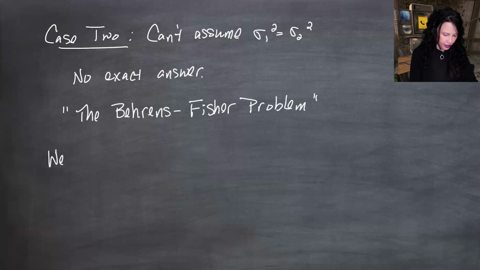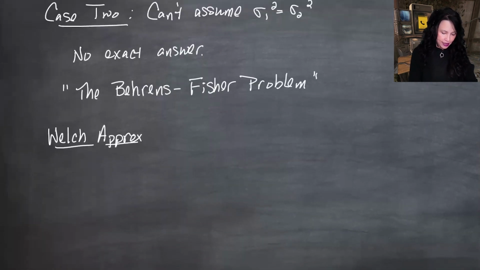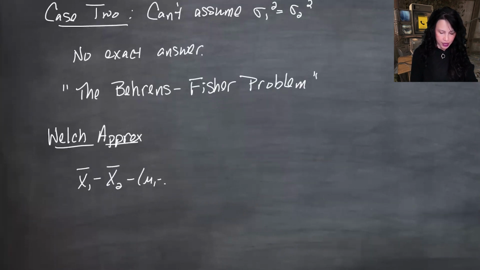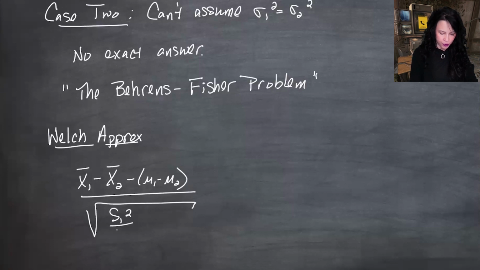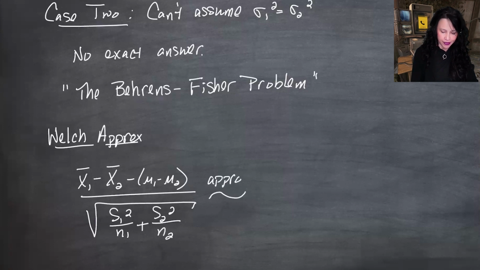Welch showed that (x1 bar minus x2 bar minus (mu1 minus mu2)) over the square root of s1 squared over n1 plus s2 squared over n2 is approximately distributed... and there is a formal statement to be made here, but it's not a convergence in distribution result.